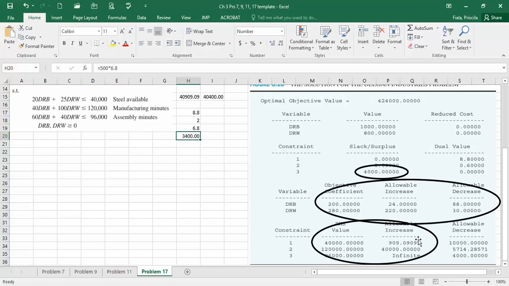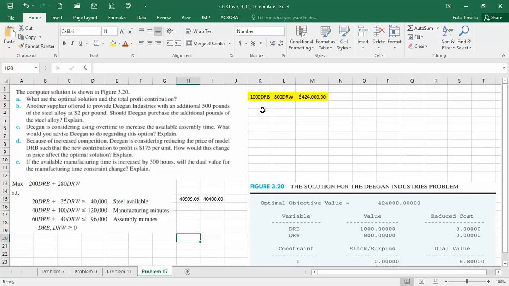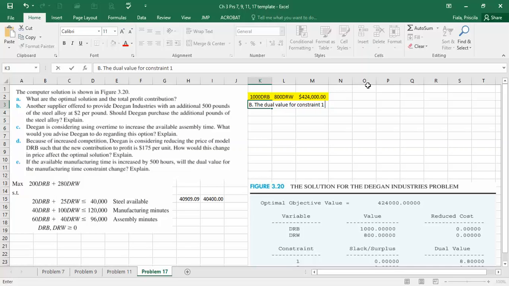So by increasing those 500, you're making more money, and now you have more still available. So how could you answer B? Well, the dual value for constraint one, which is the amount of steel available, is 8.80, correct?